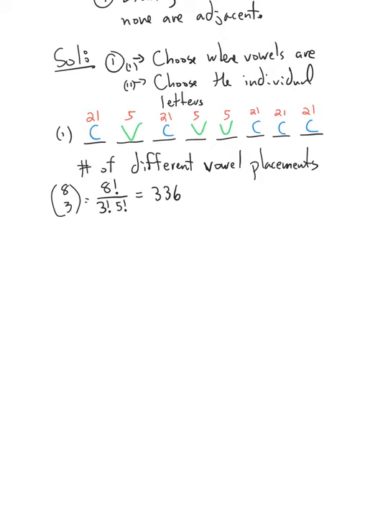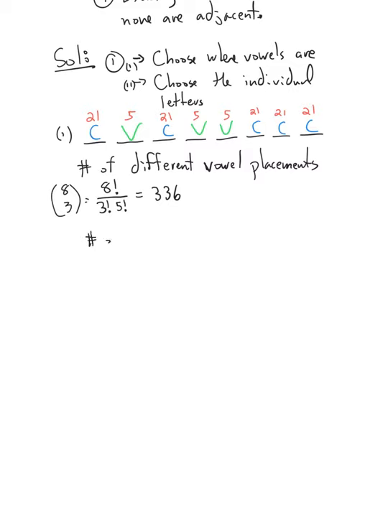This is an AND problem. You choose a consonant and a vowel and a consonant and a vowel and a vowel and a consonant and a consonant and a consonant, or in whatever way your word goes. Out of the 336 kind of blueprints for where your consonants and vowels go, you're going to have to choose from 21 consonants 5 times.